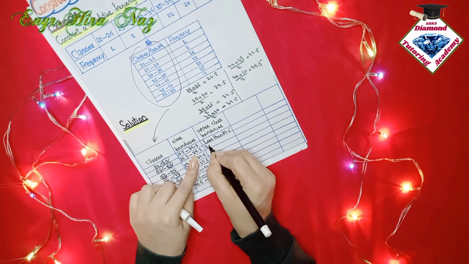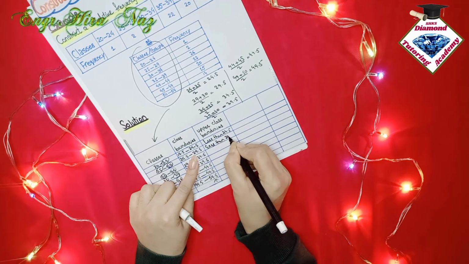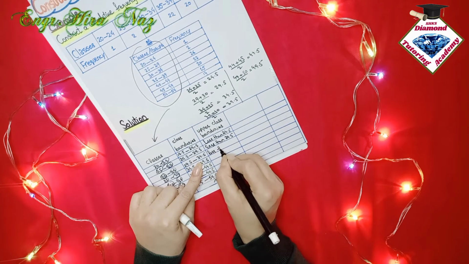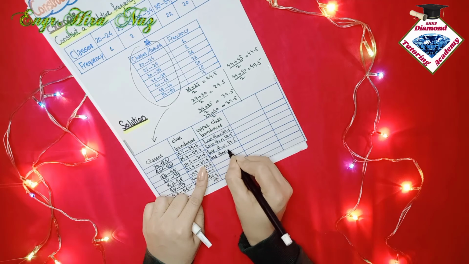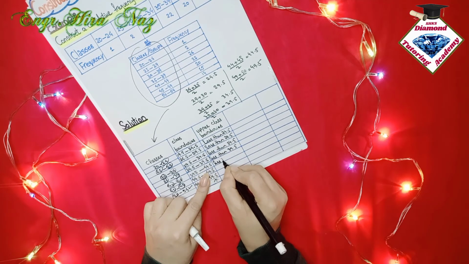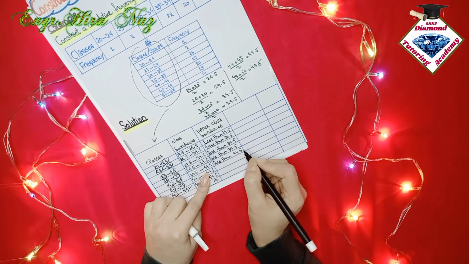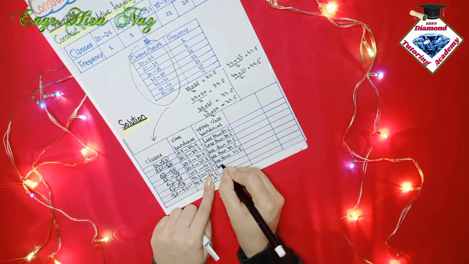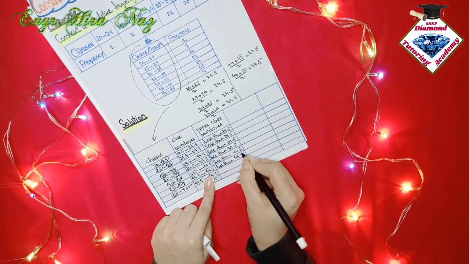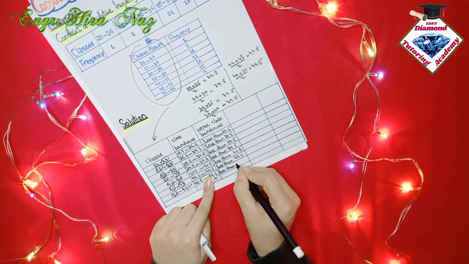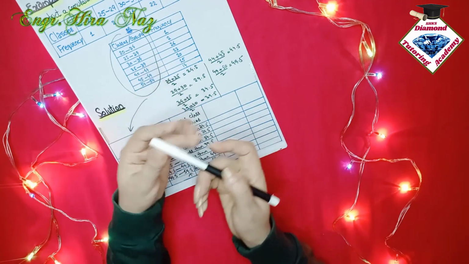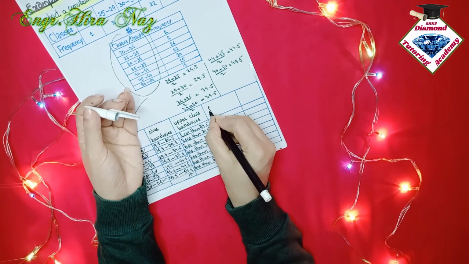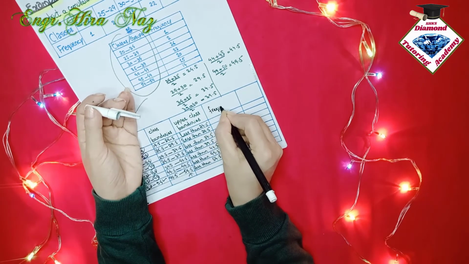Next is our next column is for frequency. So name this column as frequency.